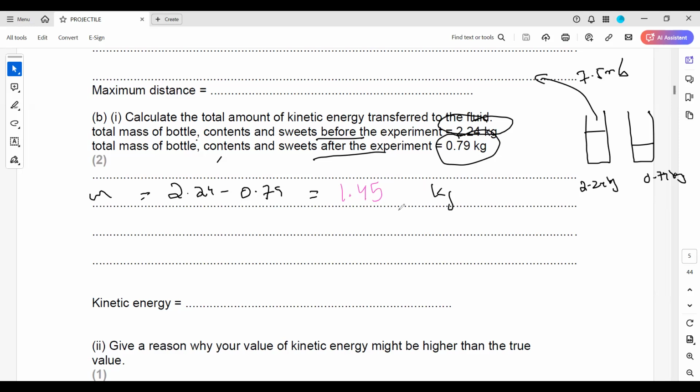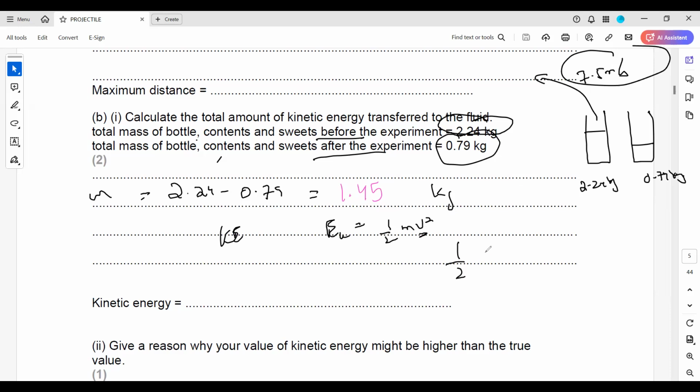They already mentioned it leaves the bottle at a speed of 7.5 meters per second. To work out the kinetic energy, EK, with the formula half mv square, we just need the magnitude. Here v is not the velocity, v is the speed. So the magnitude of the speed was 7.5.